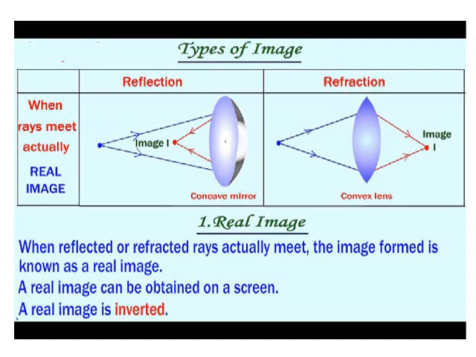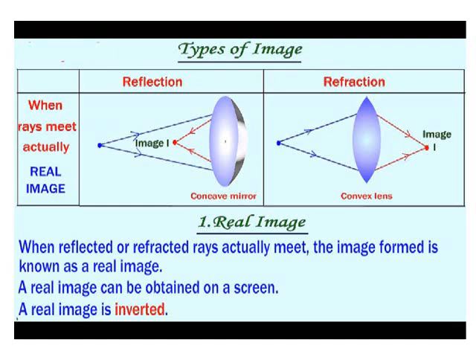A real image can be obtained on the screen. If you place a screen, the image can be obtained on it. A real image is always inverted. It is inverted. So this is the quality of the image formed for a real image.